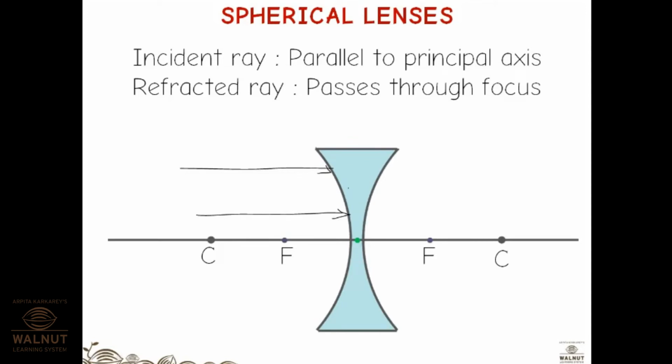And what is a refracted ray? These light rays pass through the transparent substance and come out. This is a concave lens, so they will diverge. These are called refracted rays. This is an incident ray which hits the surface, and these are the refracted rays which come out of the surface.